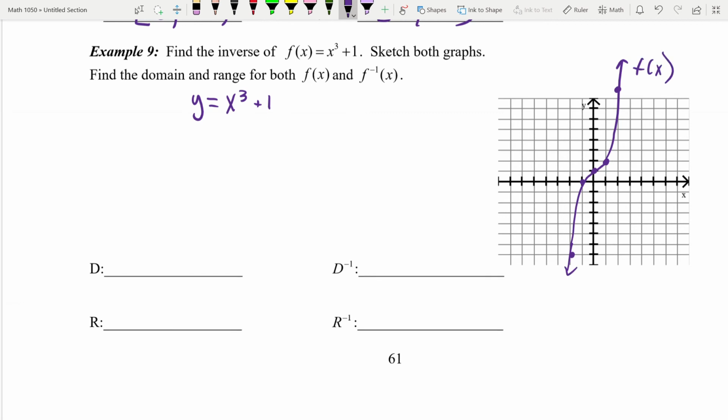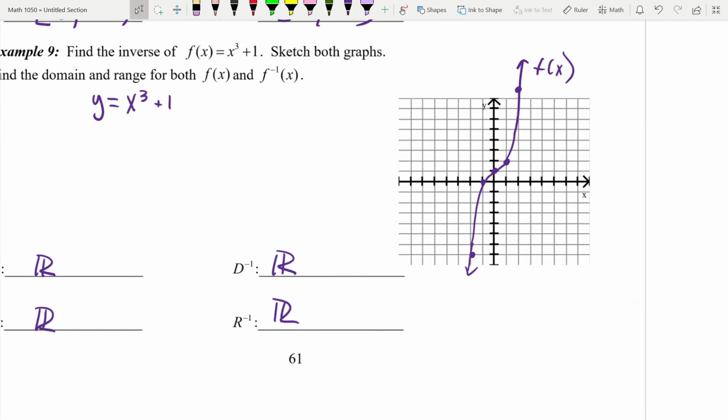Okay. Everybody in the room, take a look at that graph and tell me what the domain is. Good. Talk to me about the range. What's the easiest thing to do right now? We can just, bam, do it. Switch them. Exactly right. Range of the original is the domain of the inverse and vice versa. Where do I always go now?